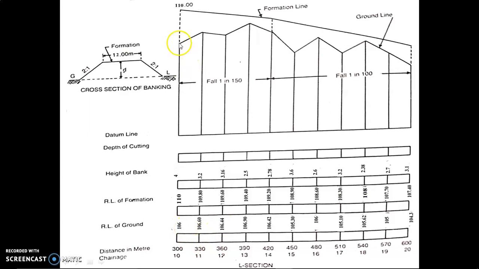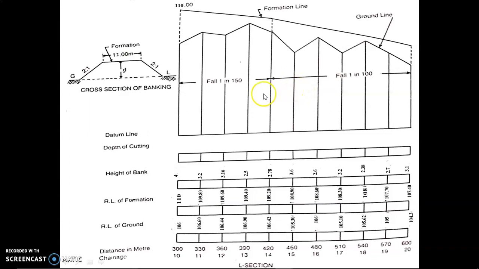These are the ground levels, and this is our formation level, 110, 109. So we have to construct our road on this formation line. We prepare this diagram to understand where and how much filling we have to do.